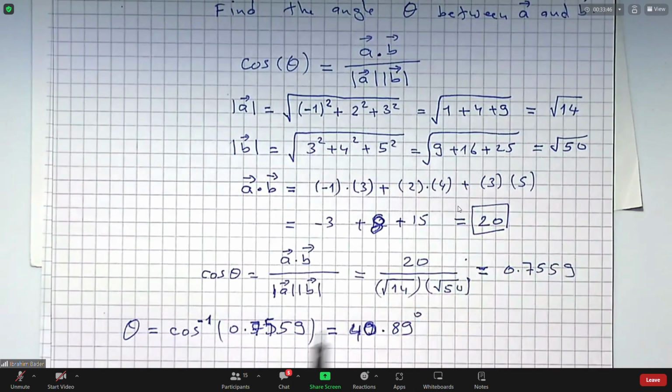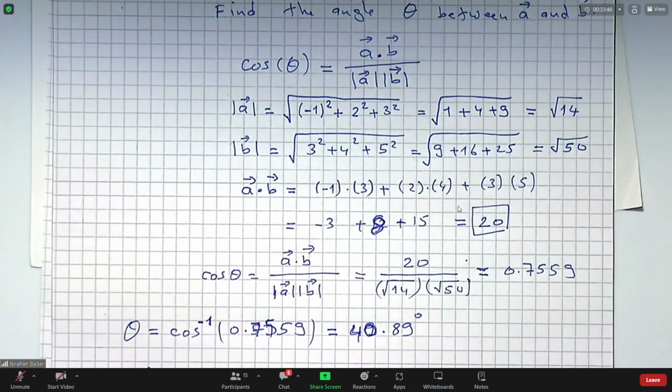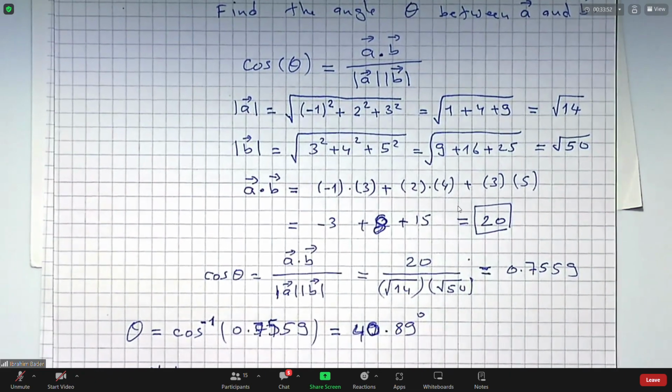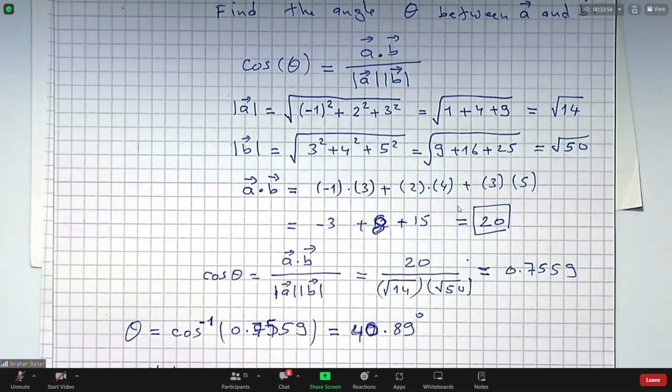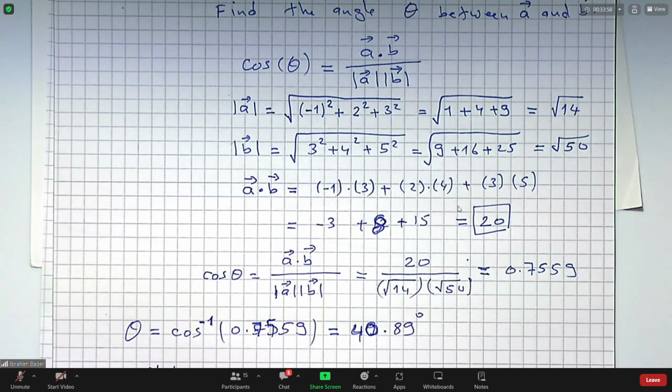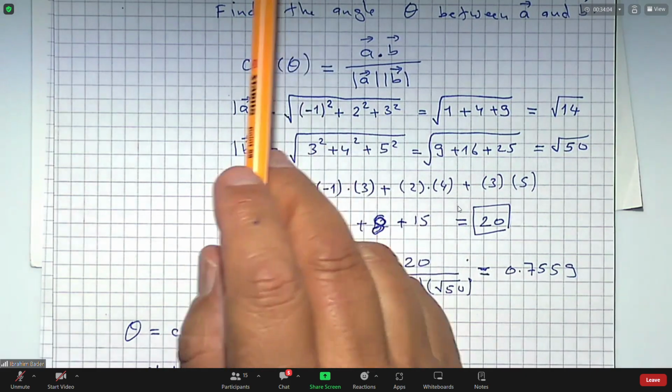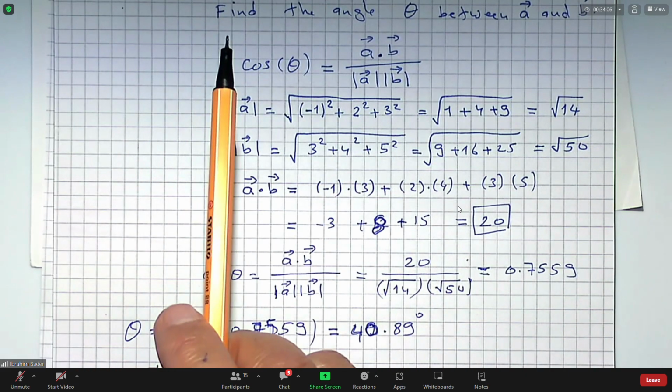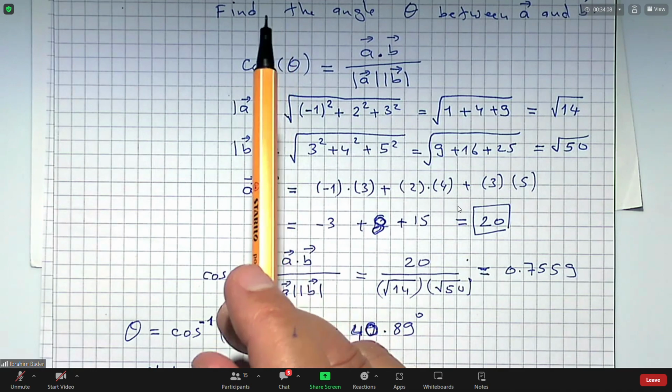A very important note here. It is a major difference between this dot product and the next vector product that we are going to introduce. Notice that the way we evaluated the dot product, we are summing up real numbers.